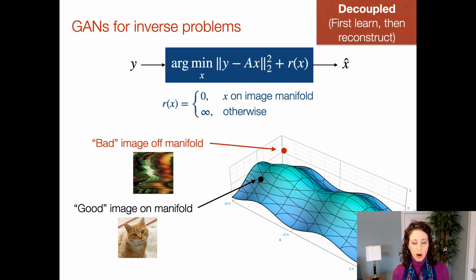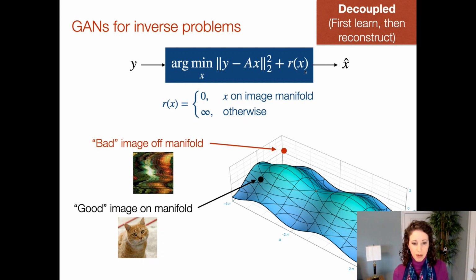As I said before, we're interested in learning a regularization function R that's going to allow us to get good reconstructions. So let's imagine that all of our images that we care about lie on some sort of low-dimensional submanifold.